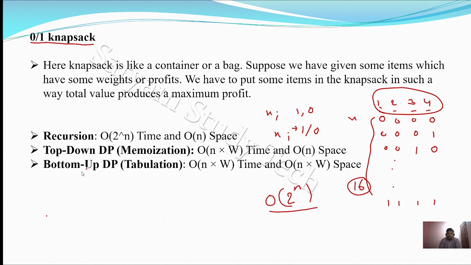In this example, with 4 objects, 2 power 4 is 16. But in the top-down approach or bottom-up approach, the time complexity is big O of n into w.